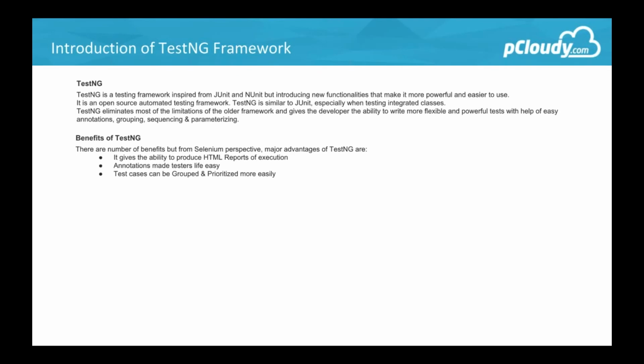This grouping feature is a very good feature of TestNG, and you can prioritize further. Even in the regression test cases, these test cases are P0s and the rest are P1s or P2s. Parallel testing is possible, which we were struggling with in stages 3, 4, and 5.